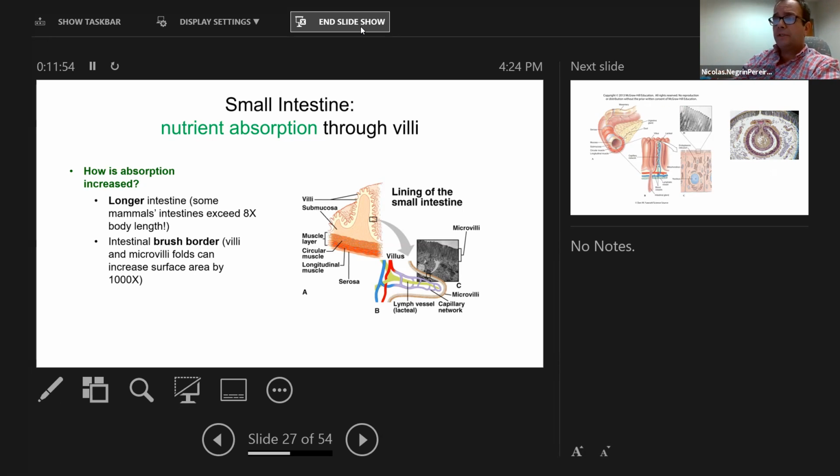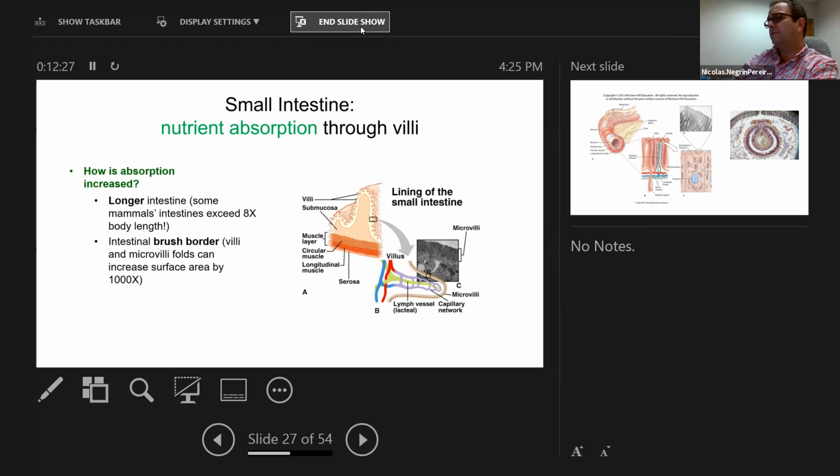the villi, which are actually folds inside the structure of the intestine that increase its capacity of absorption. But the intestine also presents, on the surface of the epithelial cells, a brush border called microvilli that will increase the surface area of the intestine 1,000 times, so 1,000 times the capacity. You can see in the diagram the villi, which are the bigger folds or bigger structures.